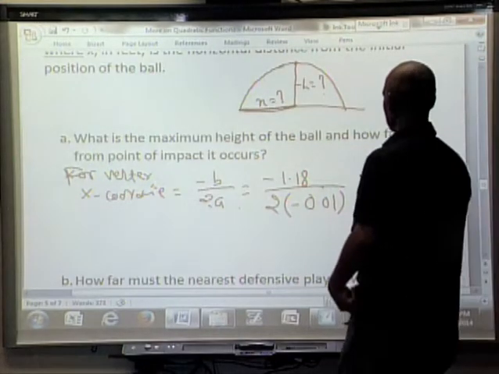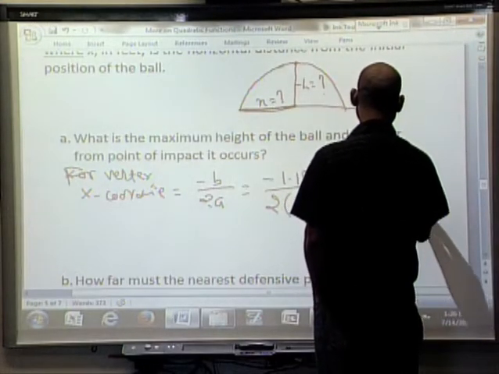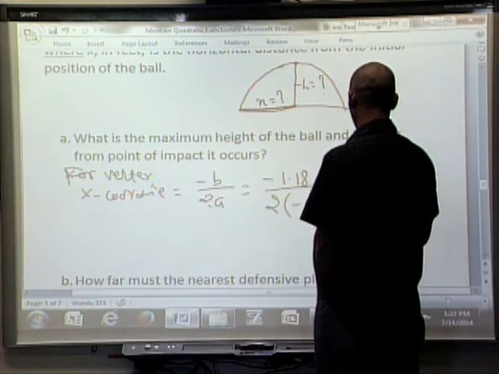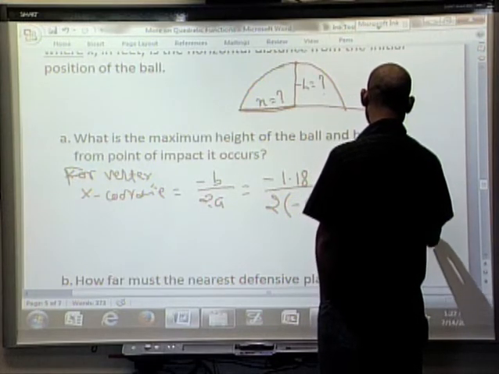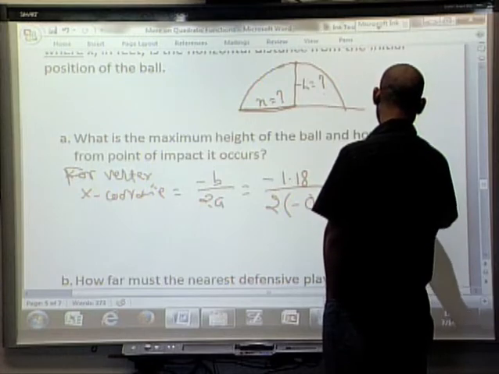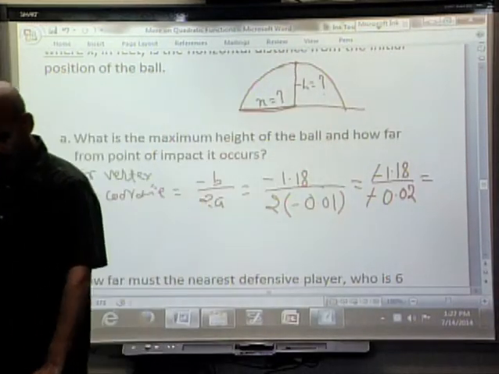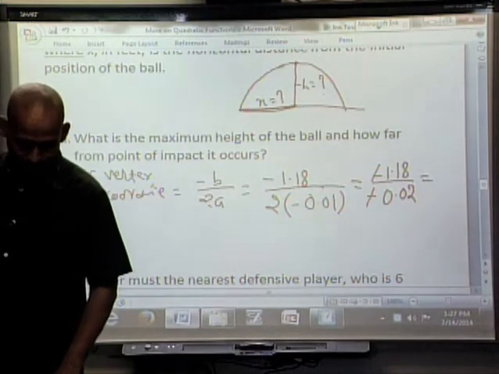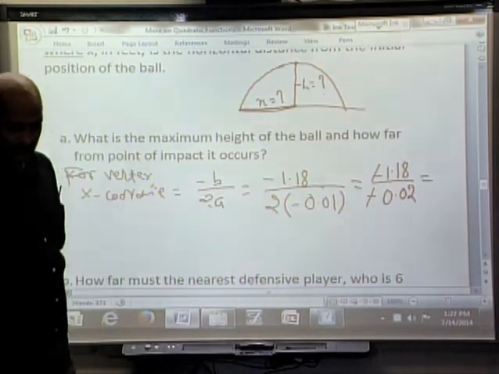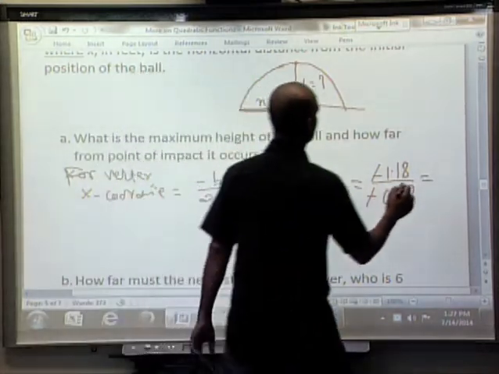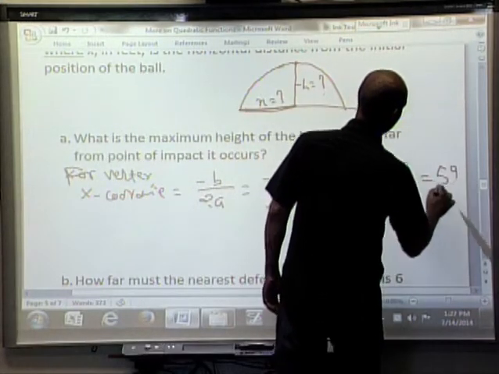That means negative 1.18 divided by negative 0.02. Negative and negative cancel out, 1.18 divided by 0.02 is positive 59.